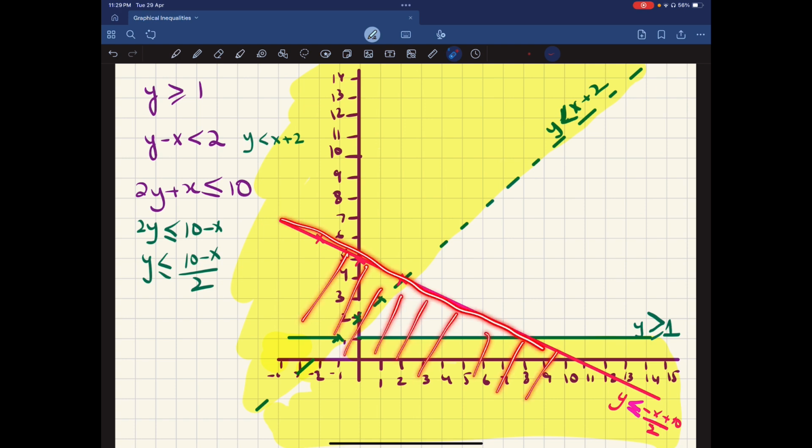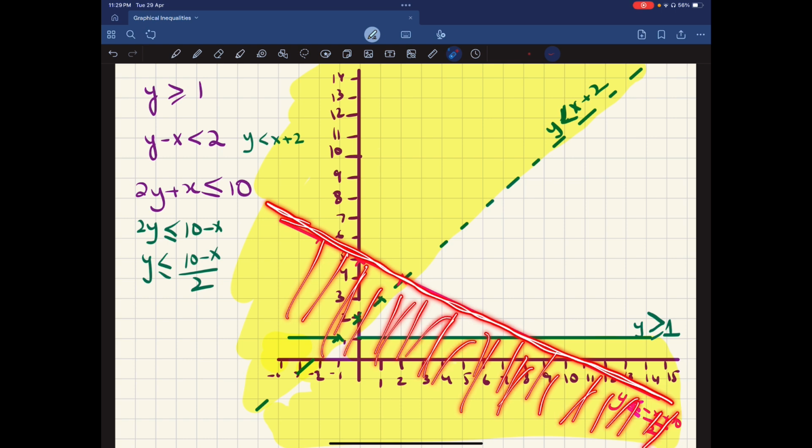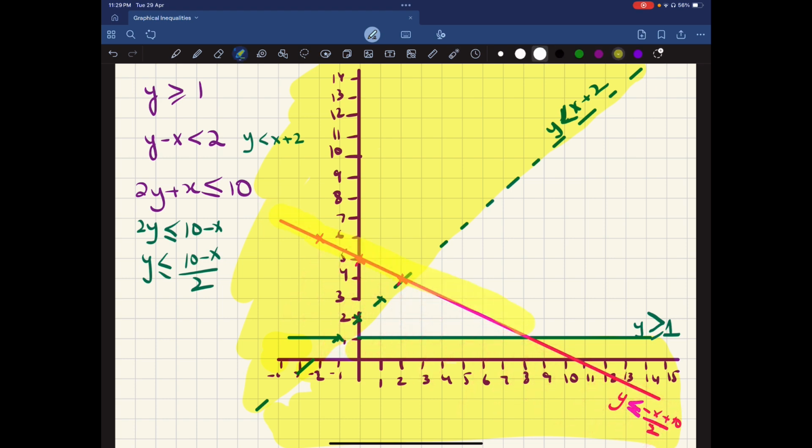So this is the line and the required region is below the line, and since it's an inclusive inequality, the line will be solid. So which region are we going to shade? What is the unwanted region? The region above the line is unwanted, so we're going to shade the region above the line. So what is region R? This is region R, the wanted, unshaded region is this.